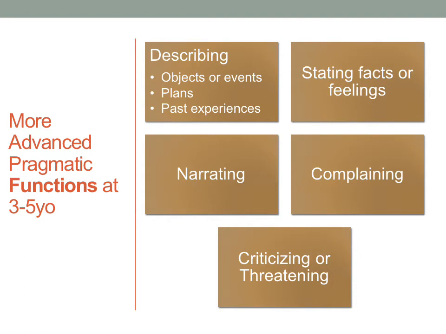I always talk to you about how language and cognition are developing together. Once children develop the cognitive abilities to talk about past and future events, that's a cognitive leap, isn't it? They then start developing the language and the pragmatic functions that go along with that, right? So now their language is going to shift to describing objects, plans, future plans, past experiences.